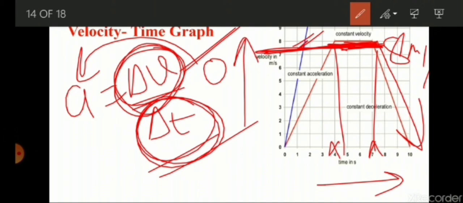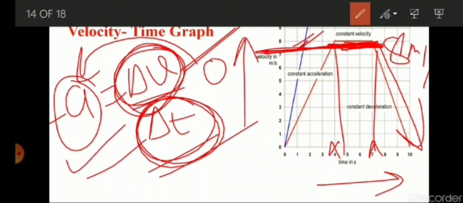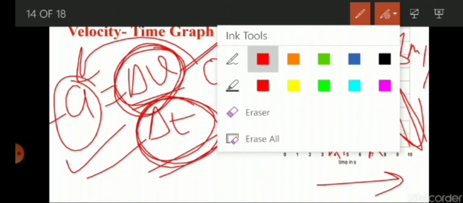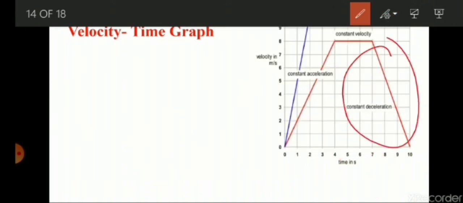Then again the velocity is decreasing, and if the velocity is decreasing we will get a negative acceleration, and the negative acceleration is known as retardation or deceleration. So here students, this graph is representing a constant deceleration or retardation.